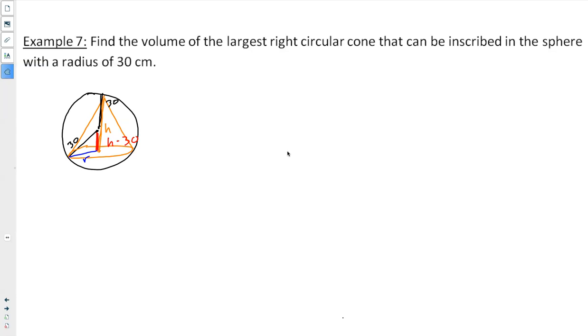Now, one thing I should mention right now, volume of a cone is equal to 1/3 pi r squared times the height. Okay, and don't worry too much about that formula. You guys will get a formula sheet with a bunch of volumes and stuff on it.